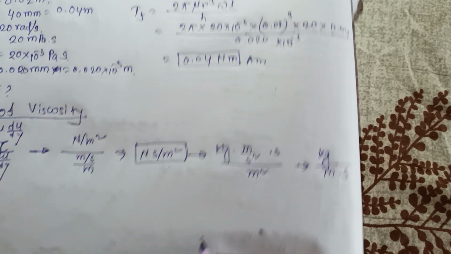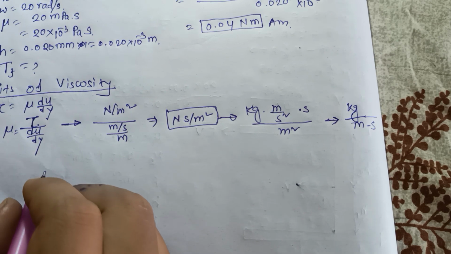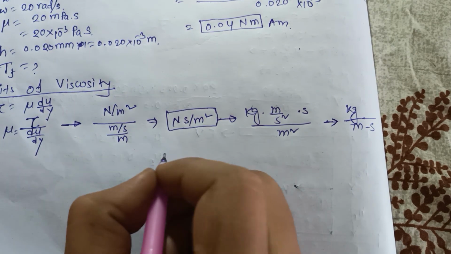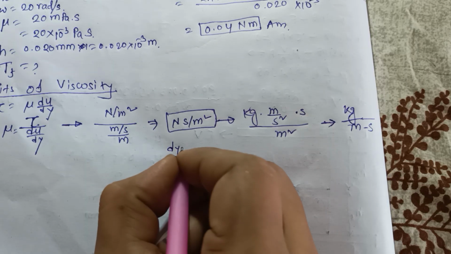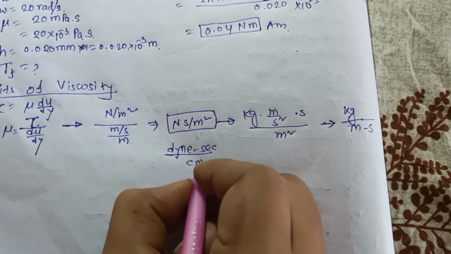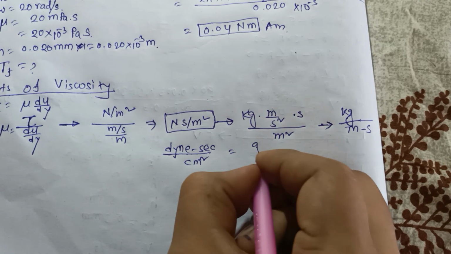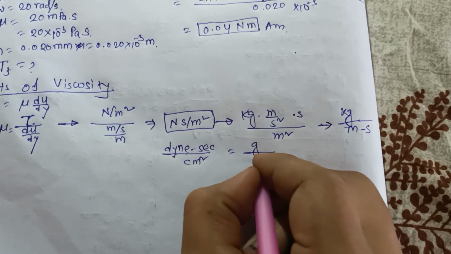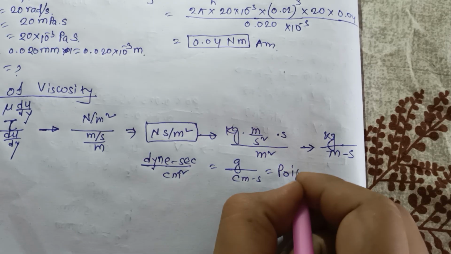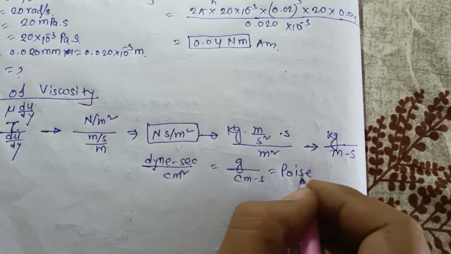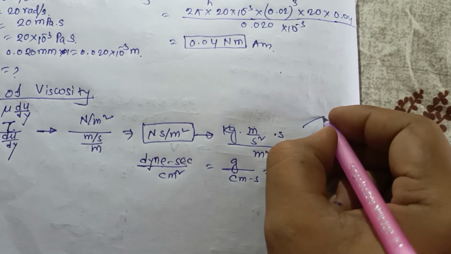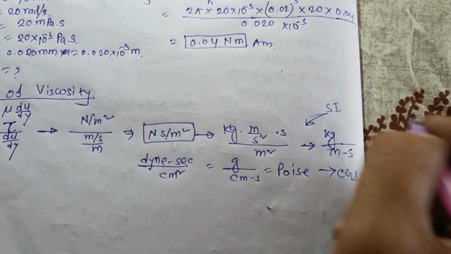This is the SI unit, and the CGS unit will be dyne second per centimeter square, that is gram per centimeter second. This is also known as poise. This is very, very important. This is the CGS unit, and this is the SI unit.